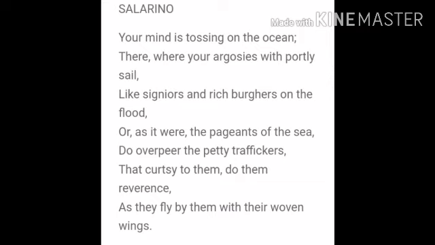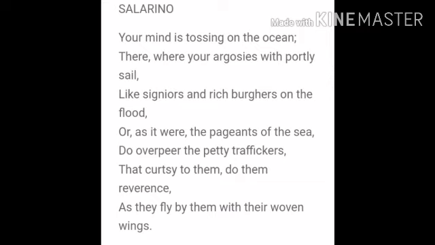And why do these small ships move aside? That courtesy to them. It is to show their respect to the big ship of Antonio. That courtesy to them, that is, small ships move aside in order to courtesy to them. That is to show respect to the big ship of Antonio. Do them reverence.